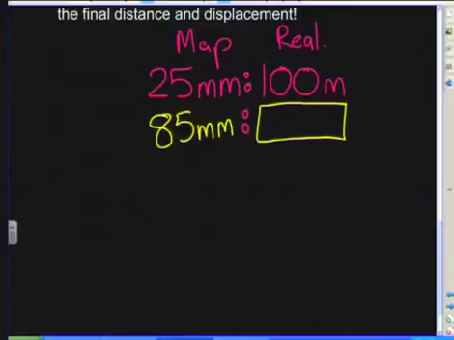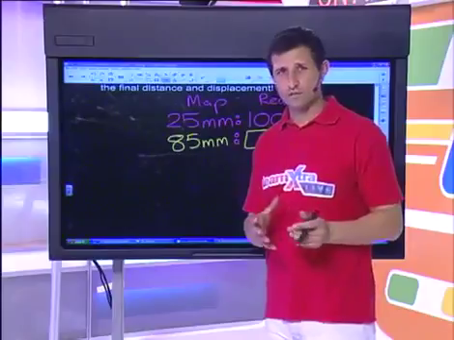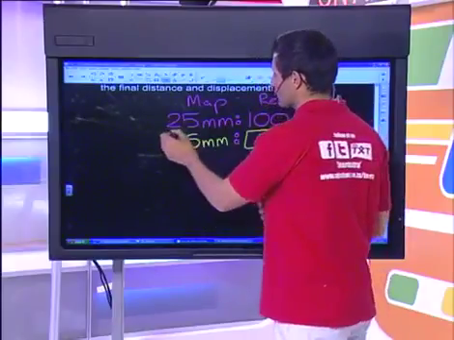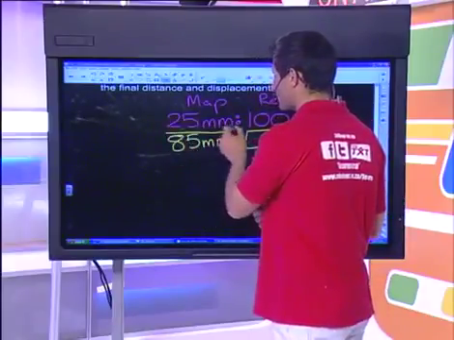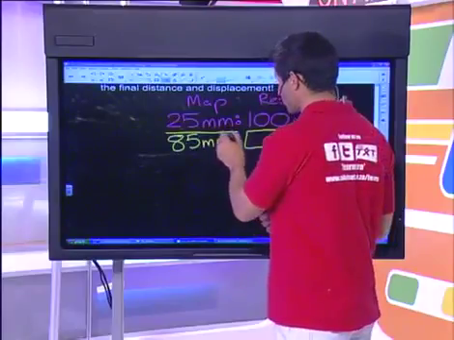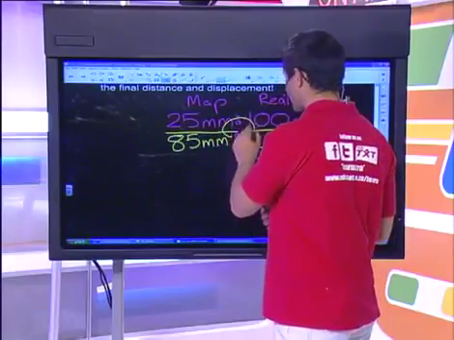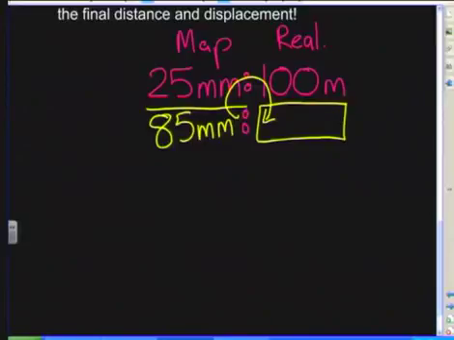The question is how to actually work with these. Here's one of the clues. Anytime you've got two of the same, there's a way to move around here. I want to move from here, around here, and end up here. I want to get rid of the millimeters, I want to make sure they cancel out. The only way to do that is to divide. If you're going up or down, you divide.